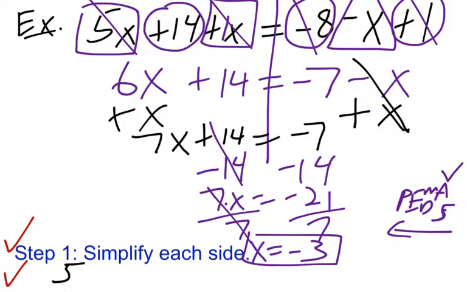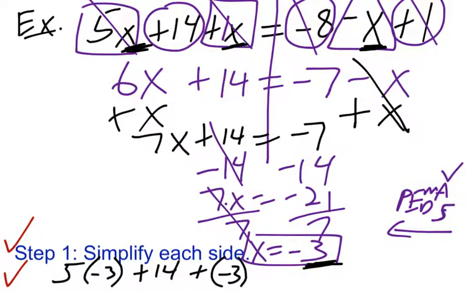Instead of writing x, I'm going to write parentheses negative 3. I'm just plugging in this x value every time I see an x on the top equation. So these three spots. So 5 parentheses negative 3 plus 14 plus parentheses negative 3 equals negative 8 minus parentheses negative 3 plus 1.